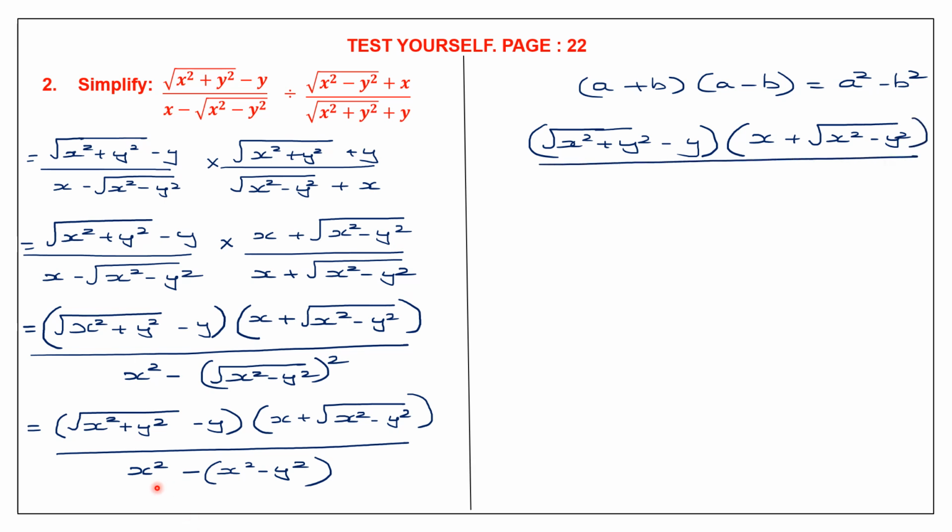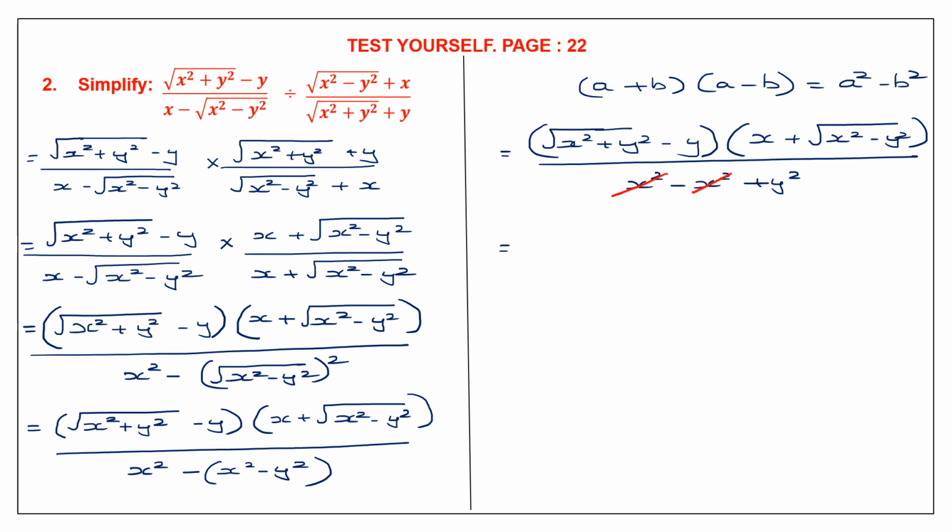In the denominator, we have x square minus, now since we have a minus sign, the signs inside will change. So let's write that: x square, then minus x square plus y square. So here we have x square minus x square plus y square. We can cancel x square and minus x square. So cancel that. So what we have left is only y square in the denominator.